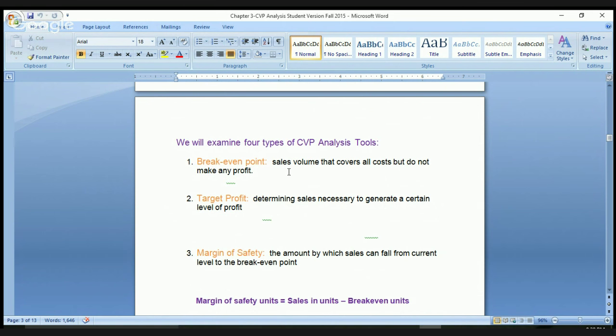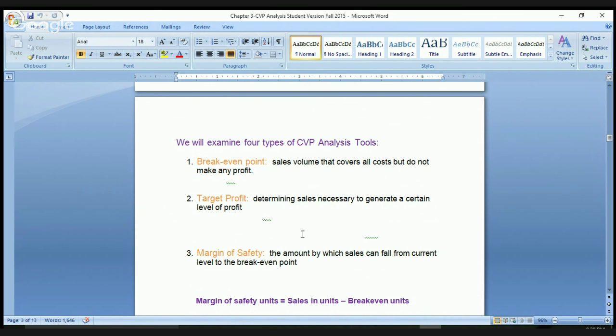And that is your break even point. Your target profit determines the sales necessary to generate a certain level of profit. So if you look at our chart down at page 69, you'll see that if she wanted a target income of $1,200, then she would need to sell 40 packages.